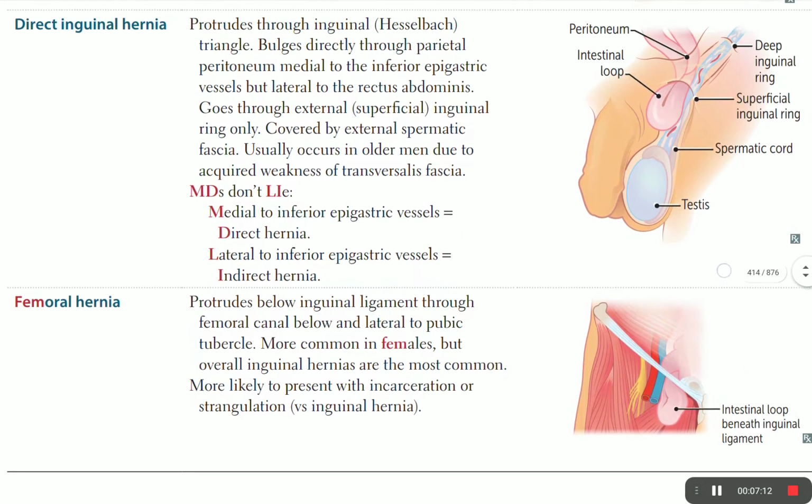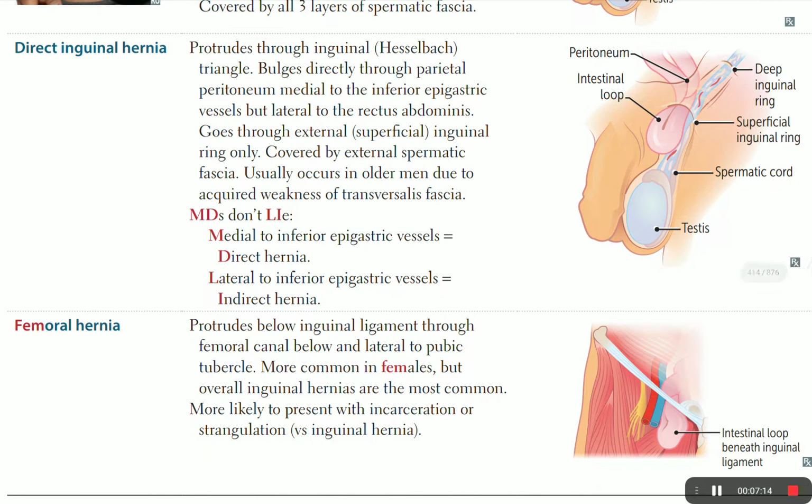The most common causes of hernia in adults is weakness. The first one, weakness in anterior abdominal wall or weakness in the fascia, and the second one is increased abdominal pressure.